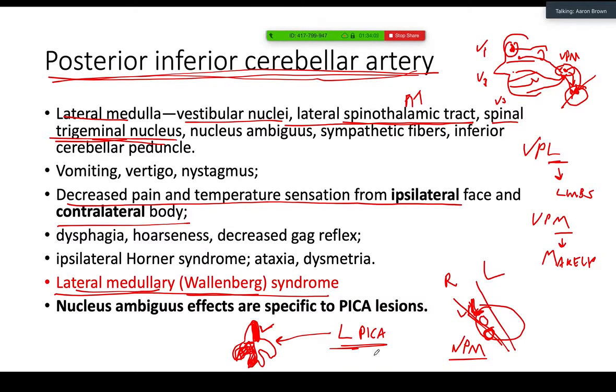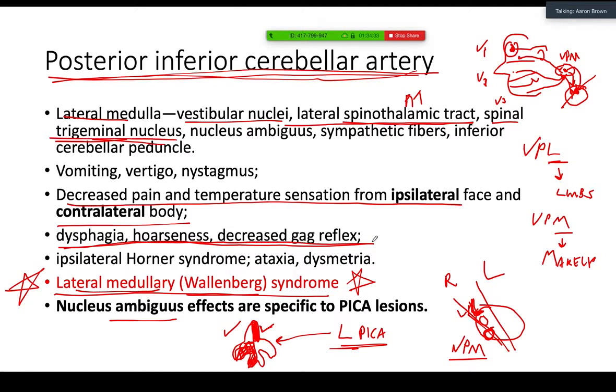However, what's special about our lateral medullary syndrome, and this is one that you're going to get a lot of questions about, is that you see lesions in the nucleus ambiguus, which is our vagus nerve. So that's going to give us dysphagia, hoarseness, decreased gag reflex. Okay? So we see our man with one side of face, one side of body, and we see dysphagia, hoarseness, decreased gag reflex.